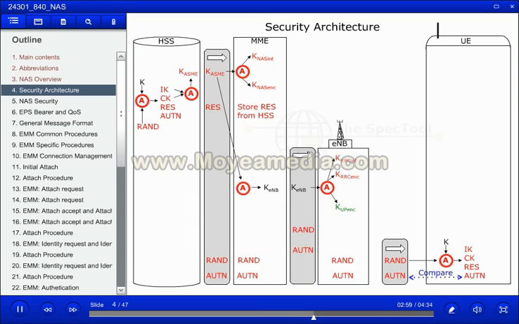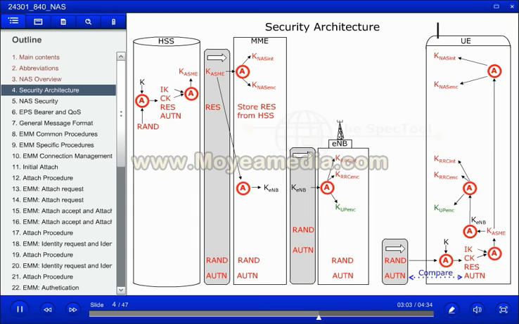From IK and CK, K-ASME can be calculated, and from this parameter, all the other keys for integrity protection and ciphering usage on the UE side of the air interface can be calculated. K-NAS for integrity and K-RRC for integrity will be put into integrity algorithms.